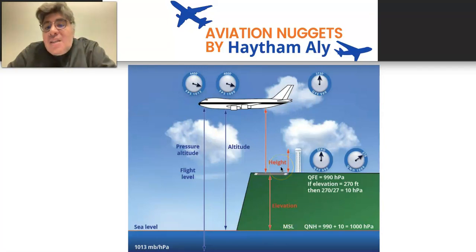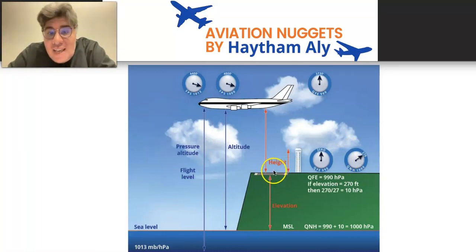So if the altimeter setting is QNH and we land on the runway, the altimeter will show us the field elevation of the airport or runway. Here QNH at the pressure setting of 1000, which is the mean sea level, the altimeter will show us the field elevation, which is 270 feet.